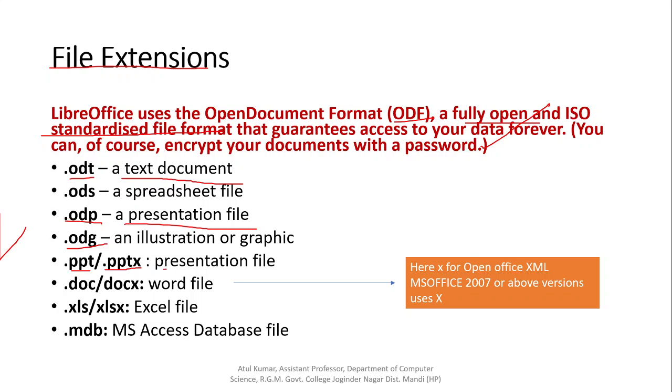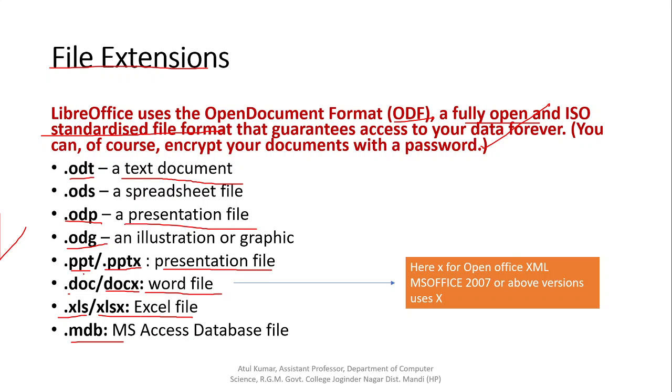It is basically a Microsoft PowerPoint presentation file. .doc or .docx is a Microsoft Word file. .xls and .xlsx is an Excel file. .mdb is a database file of Microsoft Access.